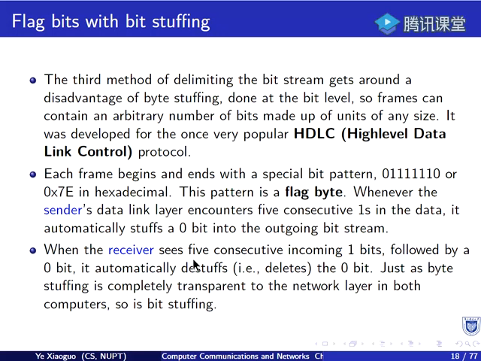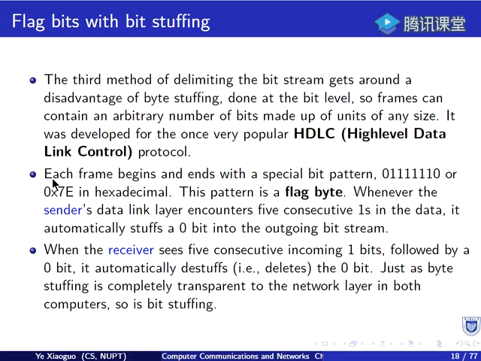When the receiver sees 5 consecutive incoming 1 bits followed by a 0 bit, it automatically destuffs the 0 bit, just as the byte stuffing is completely transparent to the network layer in both computers. So is the bit stuffing.